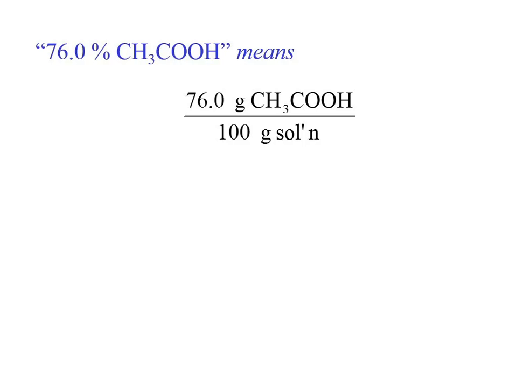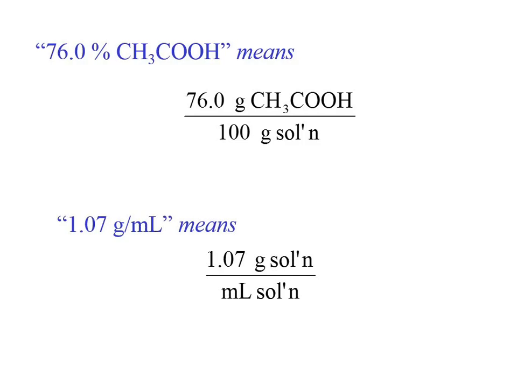I say rarely, sometimes I give you information you don't need to use. You need to use both the weight percent and the density. Remember, whenever we're talking about the density of a solution, the 1.07 g/mL means 1.07 grams of the whole solution per milliliter of the solution.